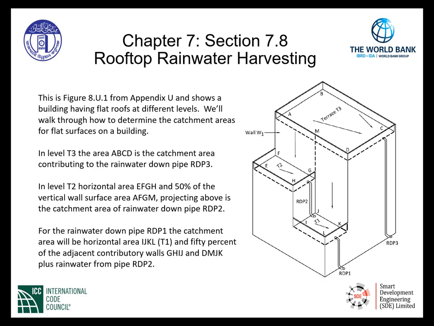So as can be seen here, the downpipe RDP1 carries quite a lot of water and must be designed to convey that amount of water from the wall surfaces and the roof above, as well as the roof surface indicated T1 from the boundaries of IJLK.